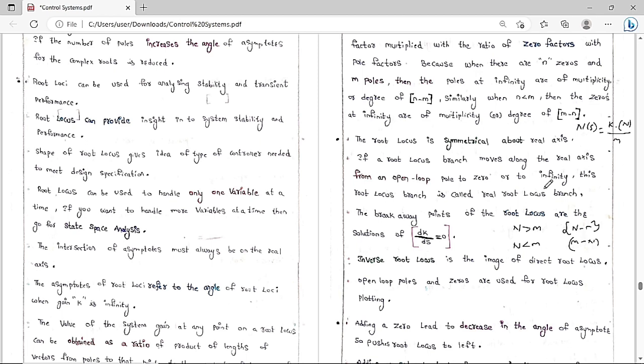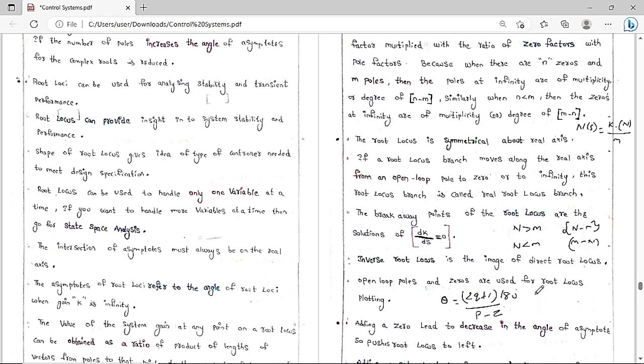What is the angle formula? The angle is (2q plus 1) times 180 divided by (P minus Z). Suppose P is increased; then the denominator increases, so the overall angle decreases.